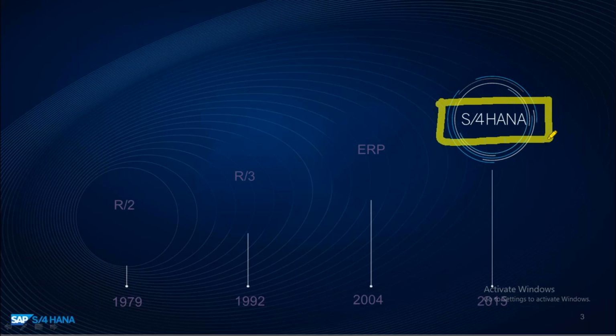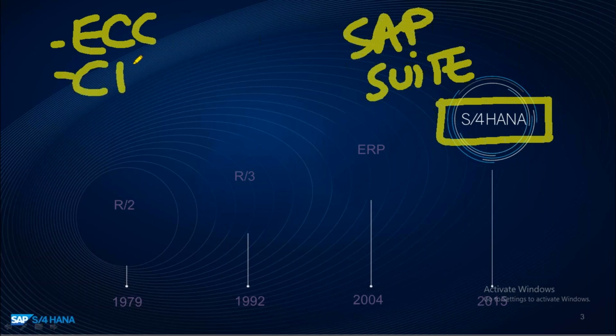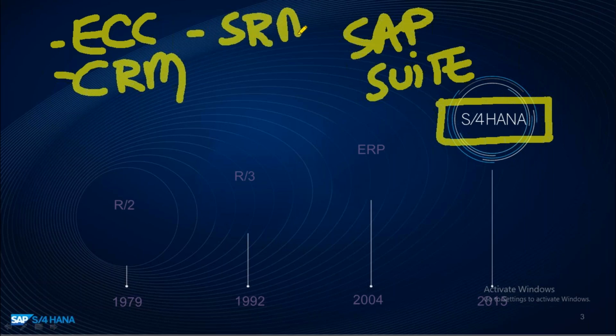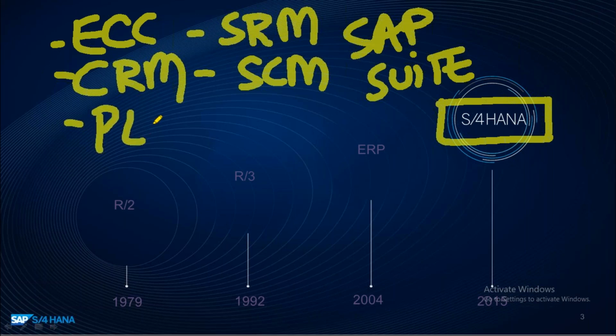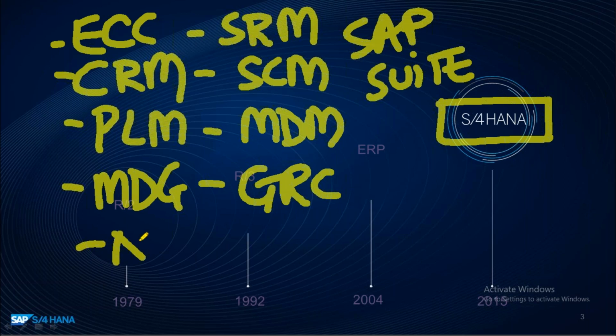S stands for the SAP Business Suite. So what are those SAP Business Suite applications, right? So we have the ECC Classic, then with the CRM, the Customer Relationship Management, the SRM, Supplier Relationship Management, the Supply Chain Management, the PLM, the Master Data Management, the MDM, the GRC, the MDG, then we have the various NetWeaver components, right?